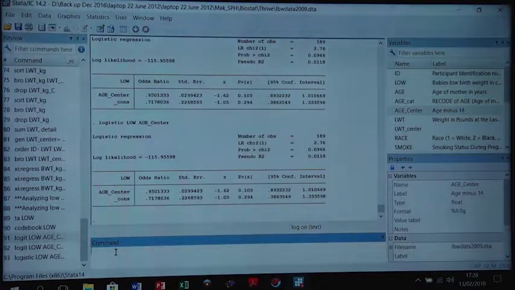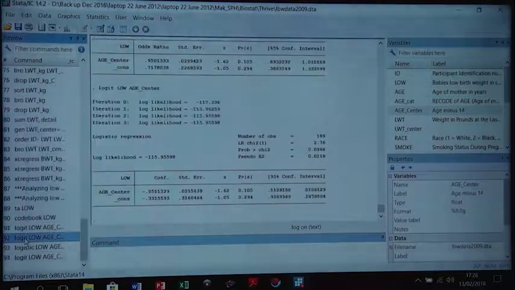So what does this mean when we go back to the logit? It shows that the log odds of low birth weight decrease by 0.05 for each one unit increment in age, for each year increment.